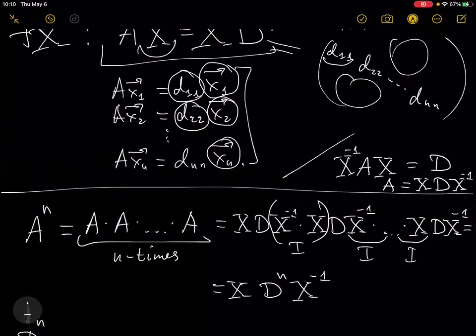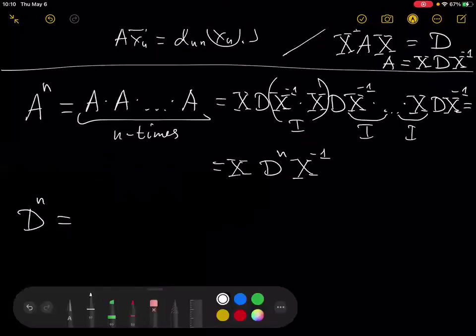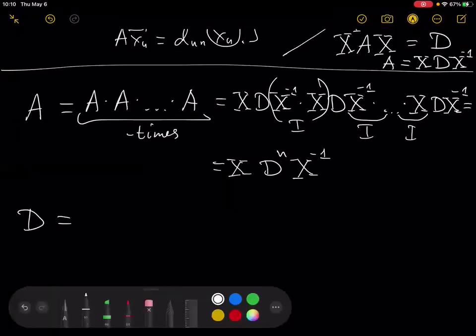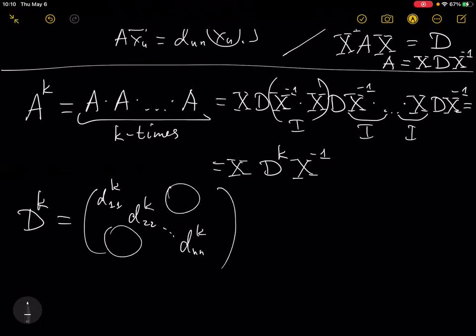You just multiply D11 by itself, D22 by itself, DNN by itself. Really, let me use K because N we already use for the size of the matrix. It will be nothing else but D11 to the kth power, D22 to the kth power, and so on, DNN to the kth power, just a diagonal matrix. So this you can do easily, right?